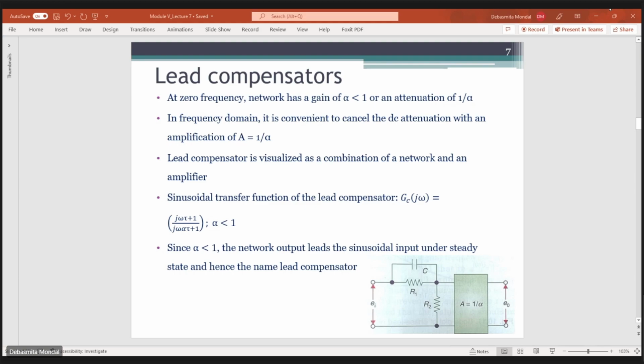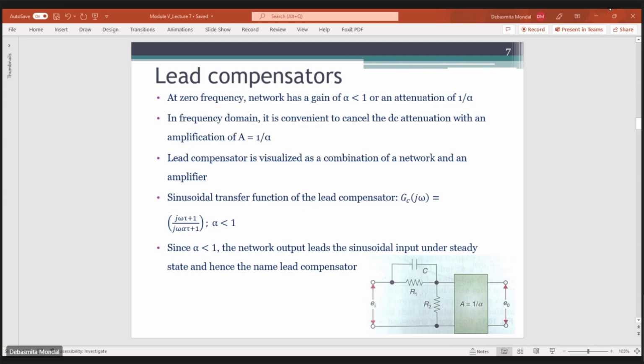Similarly, if you look at the electronic realization for the lead compensator, we have an op-amp circuit which looks something like this. If you simply derive the output by input relation for this circuit, you will see that E out by E in is nothing but Kc multiplied by s plus 1 by tau divided by s plus 1 by alpha tau.